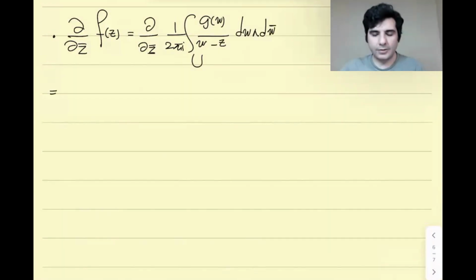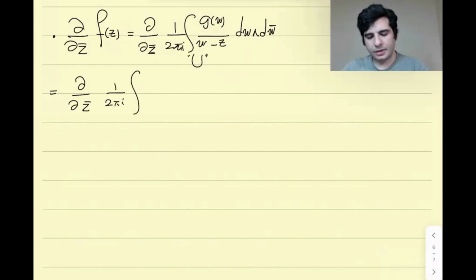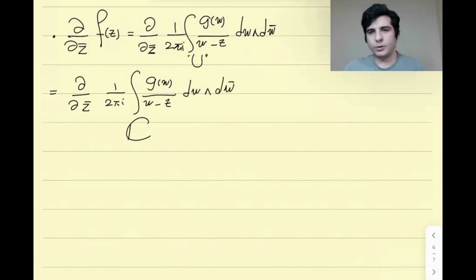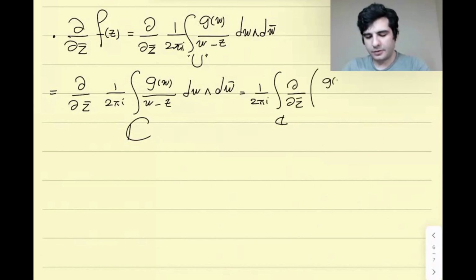Now, since g is 0 outside of U, I can slightly change the integral and, rather than U, replace it with the integral over the whole plane C. Because for any point which is not inside U, g would be equal to 0, so it does not have any contribution to the integral. So these two things are equal. So let's say 1 over 2 pi i, integral over C, derivative with respect to z bar of g of w over w minus z, dw wedge dw bar.